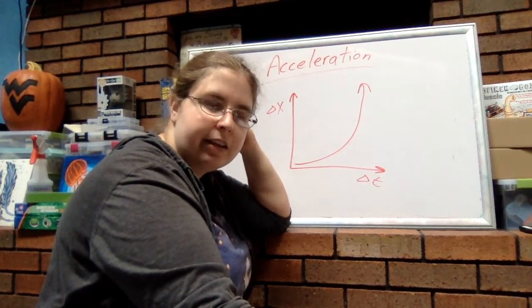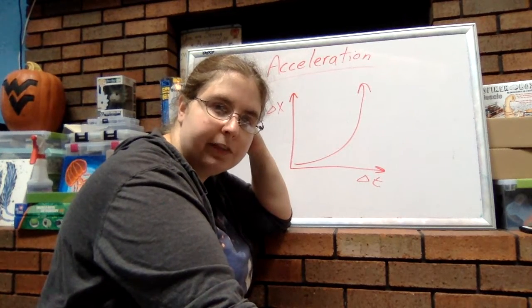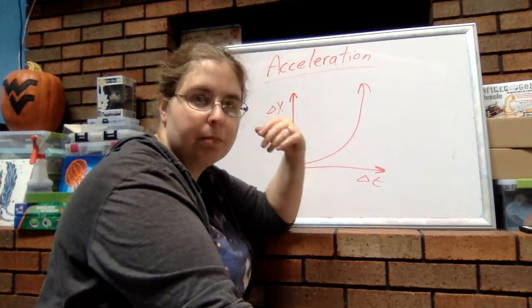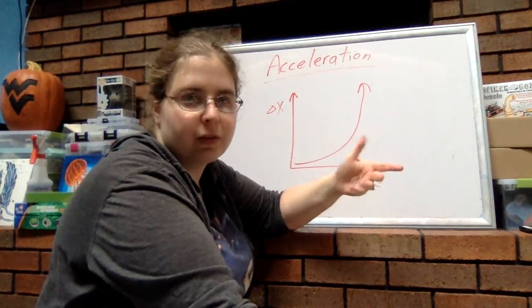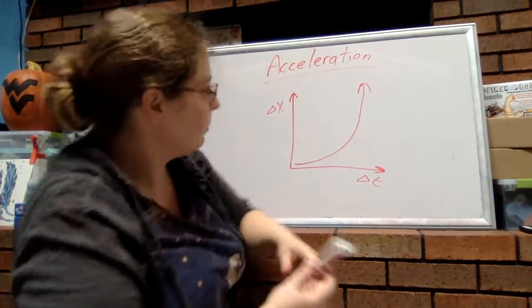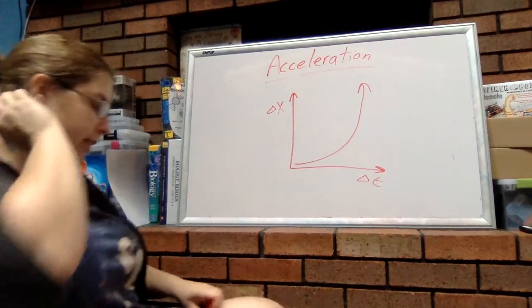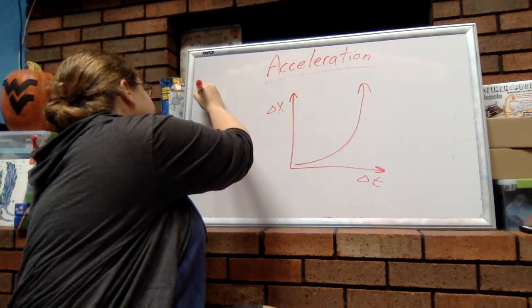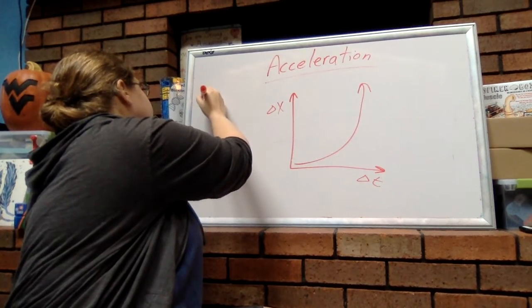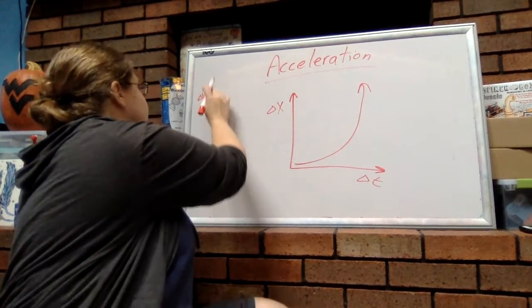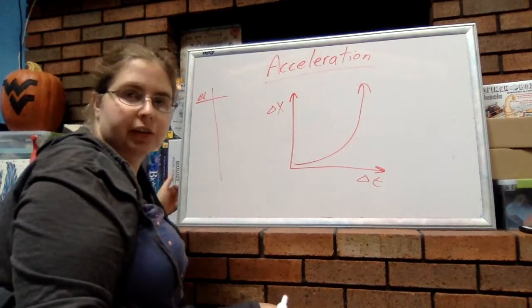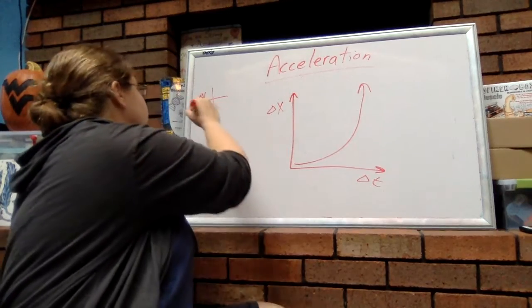That means that at each point of its travel, it is changing its velocity by the same amount. So maybe the car started at 10 meters per second.